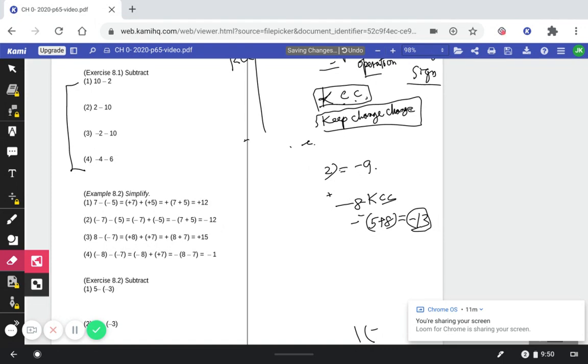So what do you do whenever you have a minus between two numbers? You apply keep change change, so you can have addition. And what's the beauty of having addition of two numbers? Well, addition, you know how to do it. You memorized the rule: same sign you add, different sign you subtract. So that's what we're going to do.